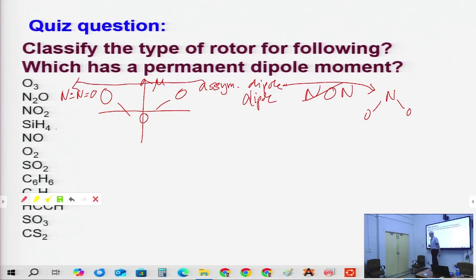Right, silane, SiH4. I already said that, if someone was really listening. So gentleman there in the grey shirt, SiH4. Symmetric, right? Does the symmetric top have a dipole?